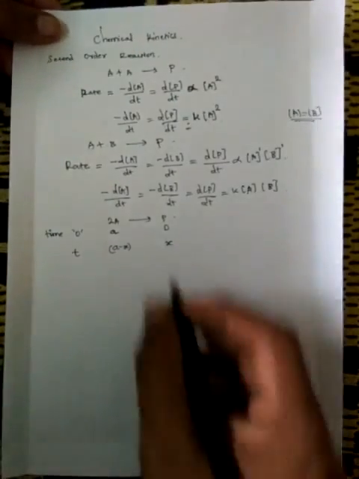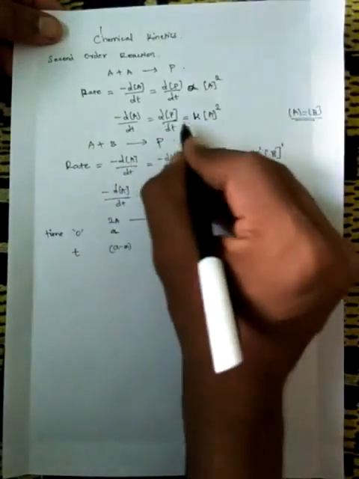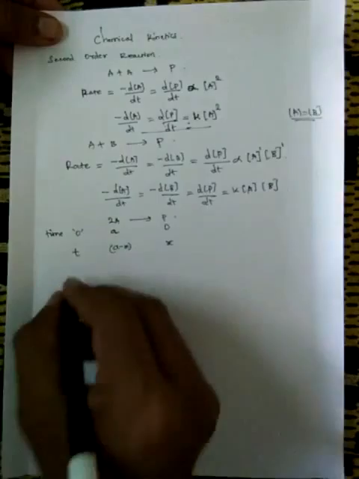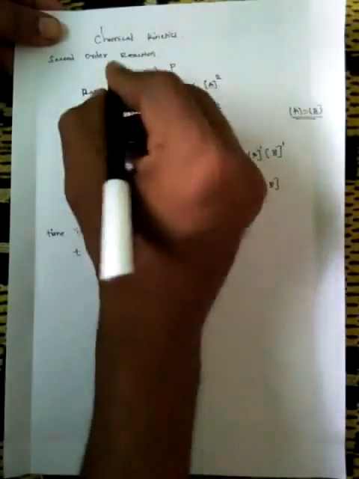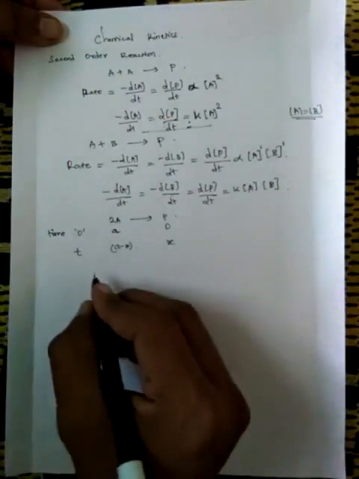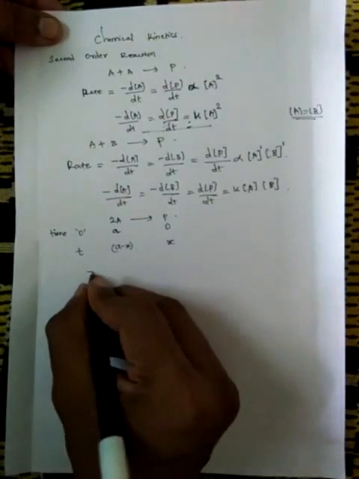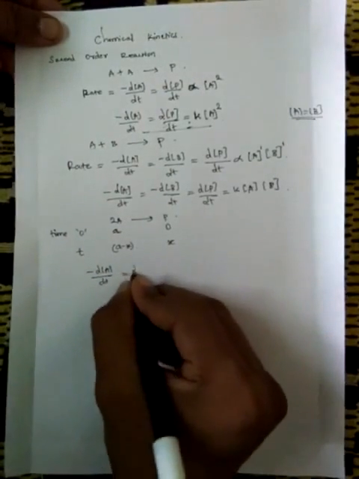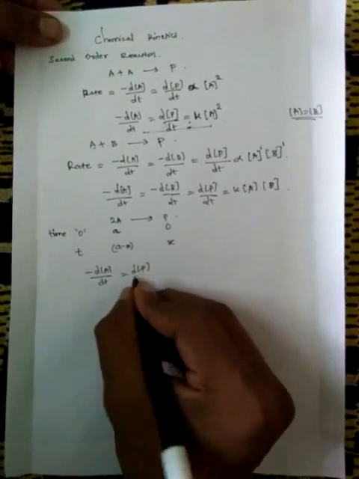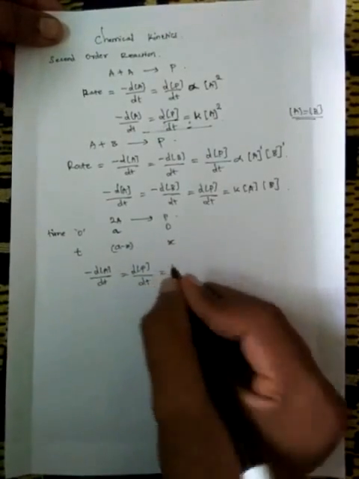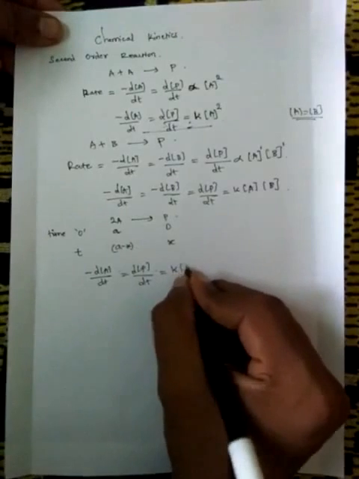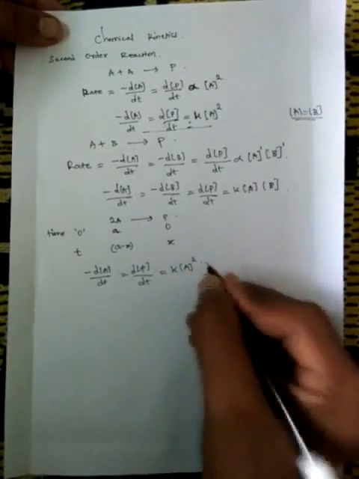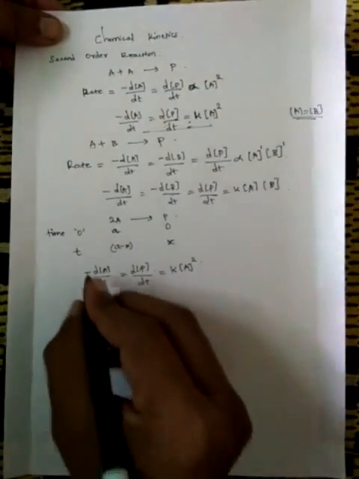Right. If it is clear, then we'll take this rate equation for this type of second order reaction: minus dA by dt equal to dP by dt equal to K concentration of A square for a second order reaction.